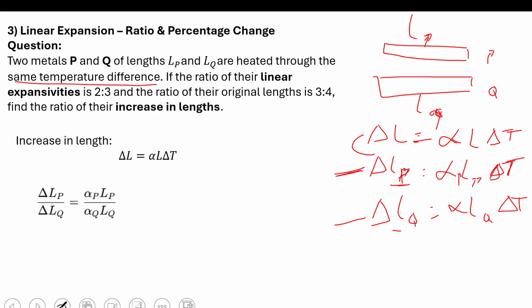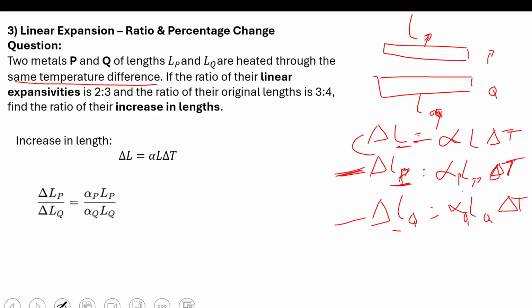The linear expansivity is a constant for material P, and the constant here is for material Q. So the only thing that is different between these formulas is the L in the formula, which is LP in P's case and LQ in Q's case, and the linear expansivity constant, which is alpha P for P and alpha Q for Q. But the temperature change is the same.